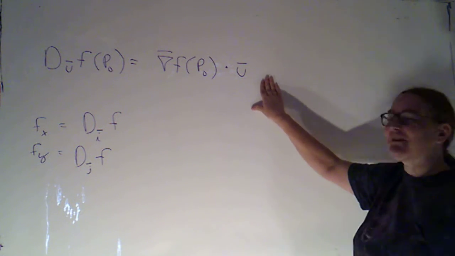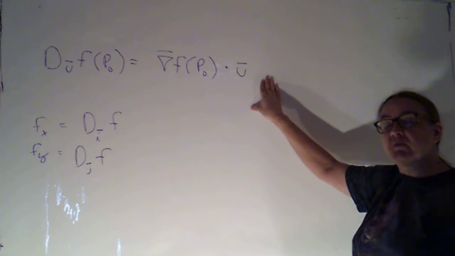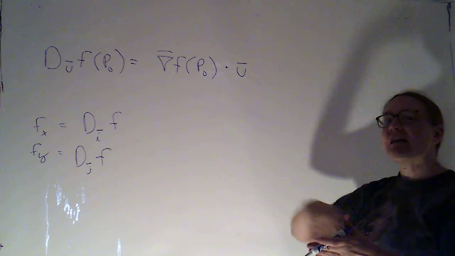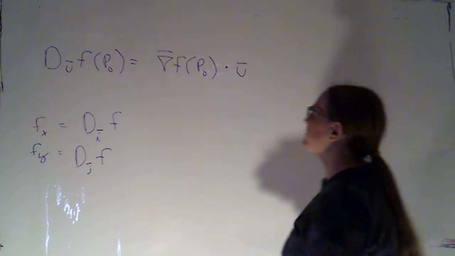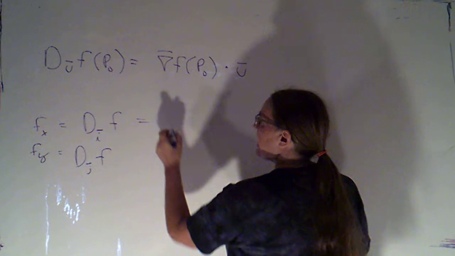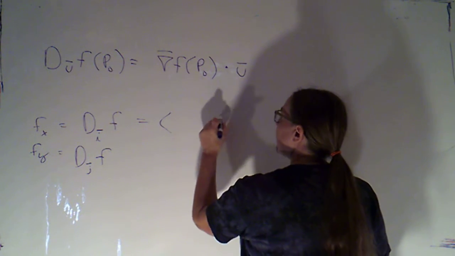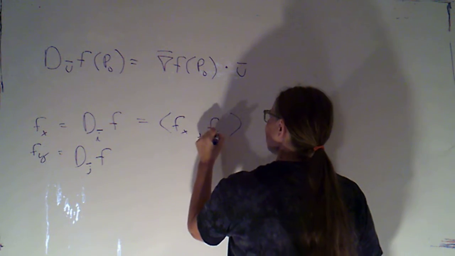Now, we determined last time that we can calculate a directional derivative as just a dot product, because that's what I get from using the chain rule for the function composition of applying f to a line through the point P naught going in a particular direction. Notice, the gradient of f is f sub x comma f sub y.